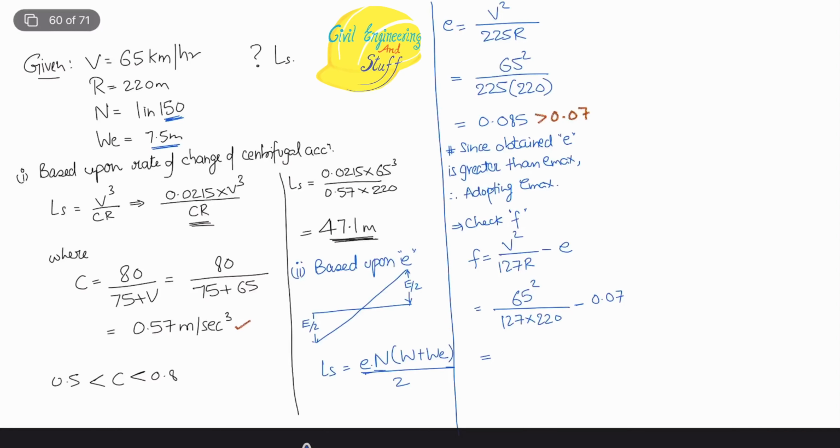So this will become equal to 0.08. So this is equal to 0.08.